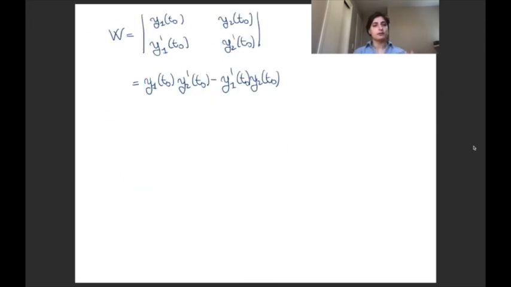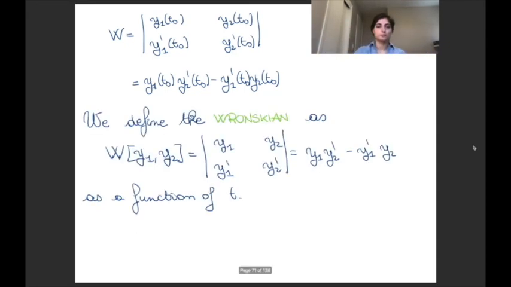So we have defined W as the determinant of this matrix in which in the first line we have y1 and y2, and the second line we have y1 prime and y2 prime, and all of this is computed at t0. We can define the Wronskian as the determinant of the matrix in which the first line is y1 and y2, and the second line is y1 prime and y2 prime.